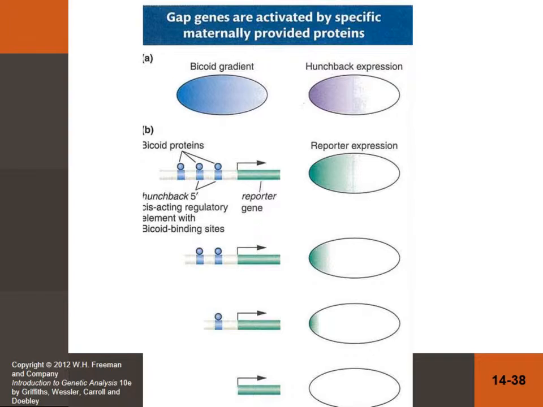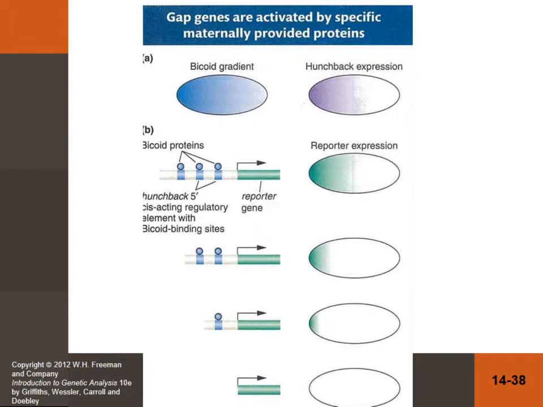So that's in the first image in B. And the reporter gene is showing expression indicated as that green expression in the embryo to the right. And we can see the establishment of a protein gradient.